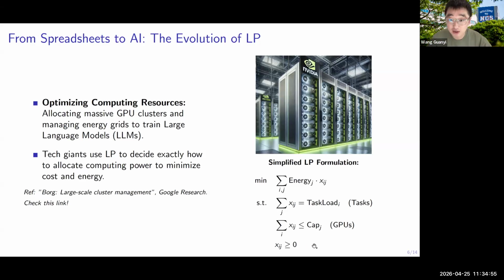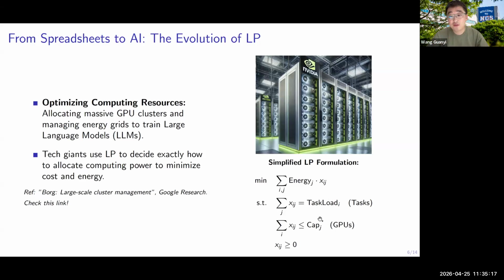So they should be greater than or equal to 0. And we notice that the i-th computation task could be sent to every possible GPU card, but the summation of them should be equal to the task load.